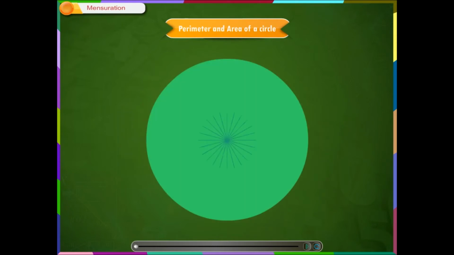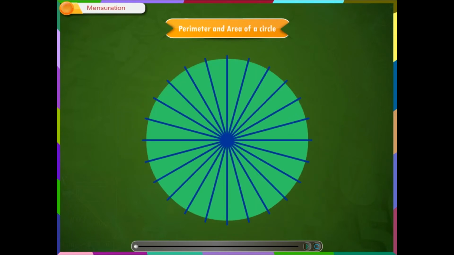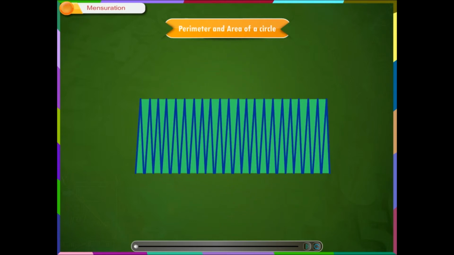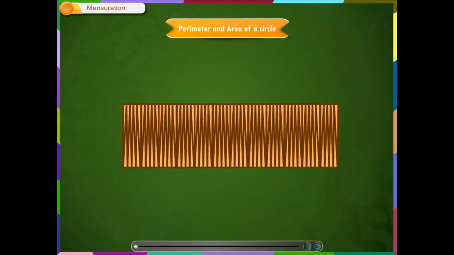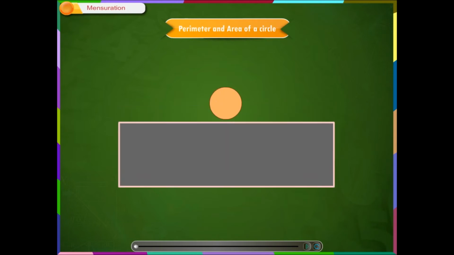Now, if we divide the circle into even smaller equal pieces and arrange them, we see that it is closer to a rectangle. So, the smaller we divide the circle into equal parts, the closer the figure is to a rectangle. We divide the circle infinitely many times this way to get a rectangle.